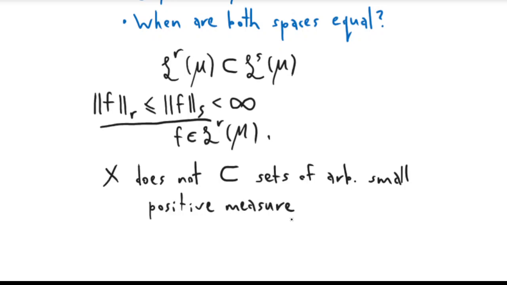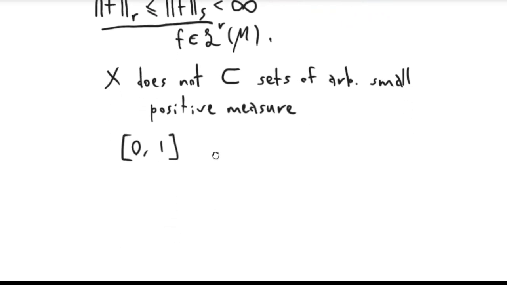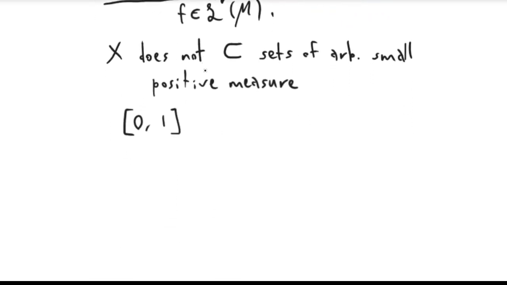Think about measure spaces like the interval from 0 to 1 with Lebesgue measure. That's clearly an example of a measure space that does contain sets of arbitrarily small positive measure, because it contains intervals, and you can make the intervals as small as you want.